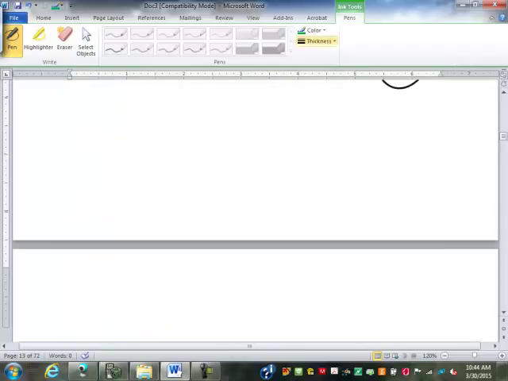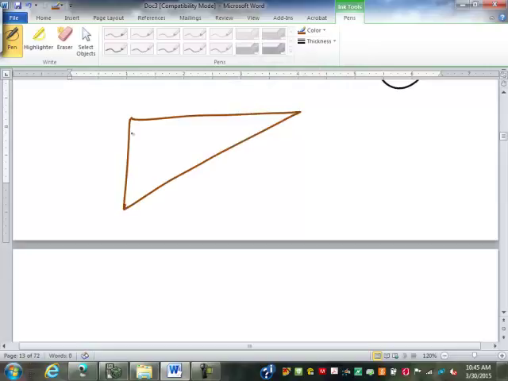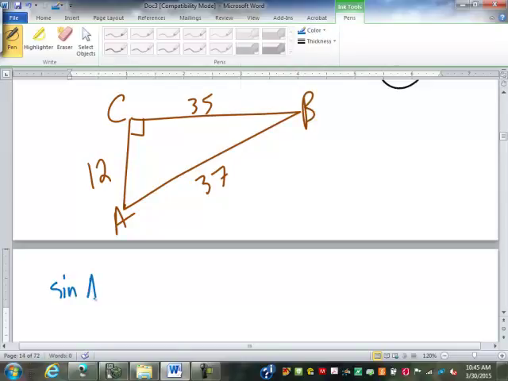Okay. What if I do it this way instead? In this triangle, find sine of angle A. We'll just leave it as a fraction.